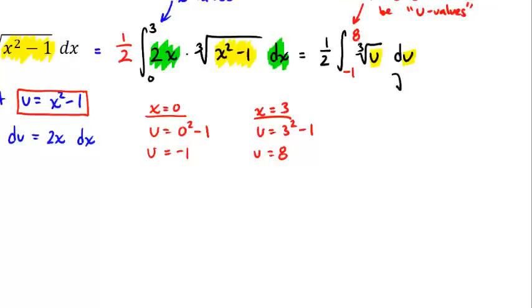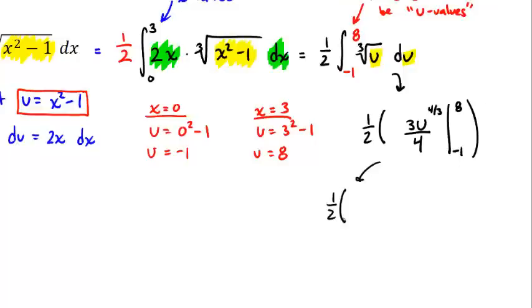Because what we can do is take the antiderivative of the cube root of u, which is going to be just like before, u to the 4/3 times 3/4, evaluated from these u values. And this is actually not bad because we're doing cube roots, and 8 and -1 have nice, easily available cube roots.